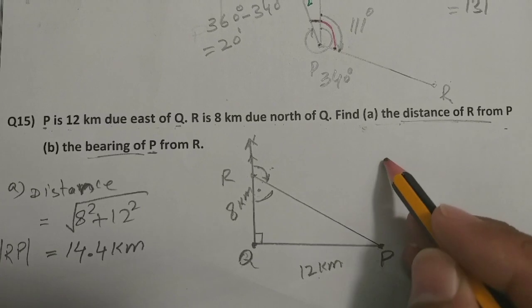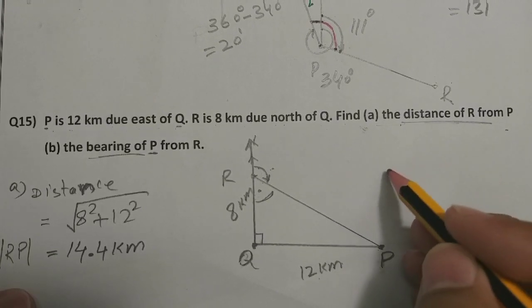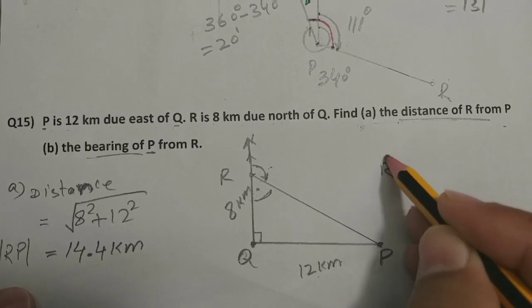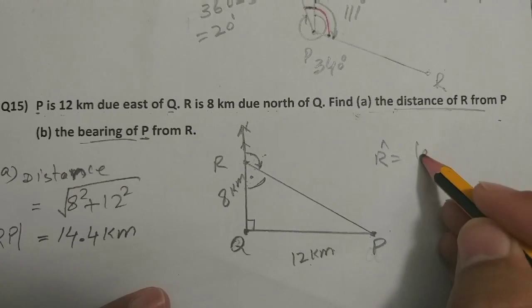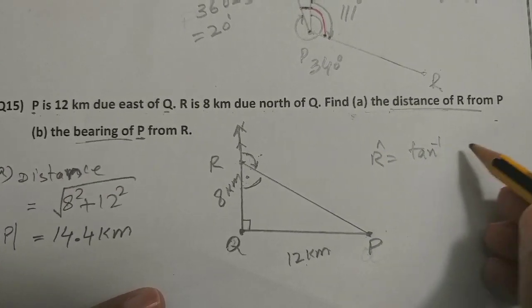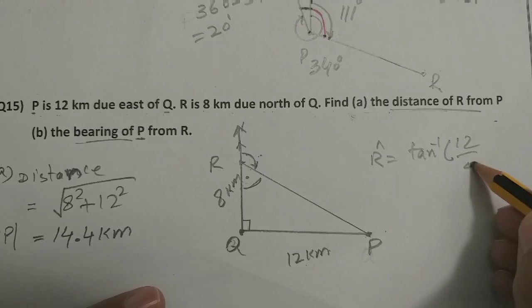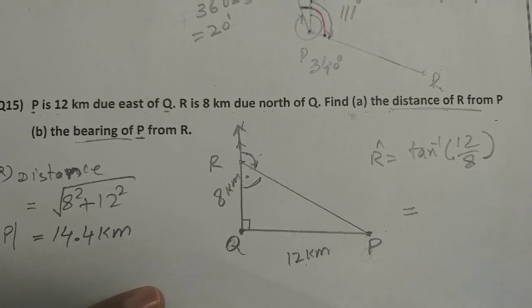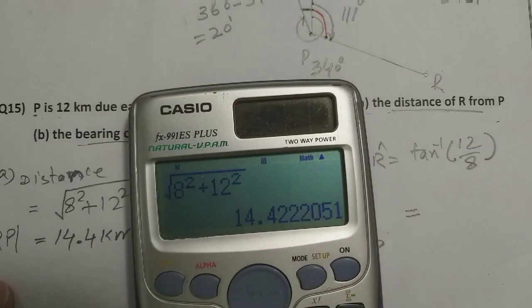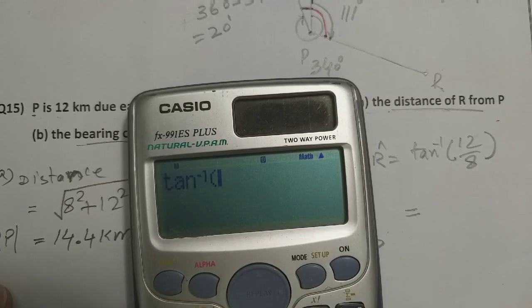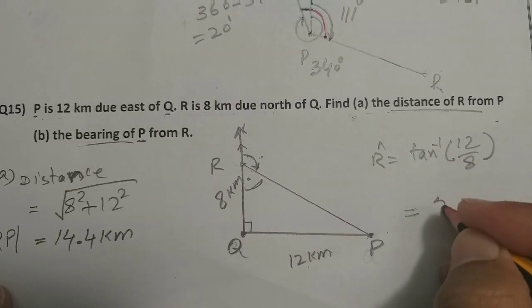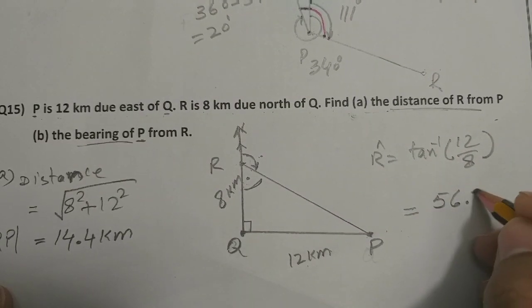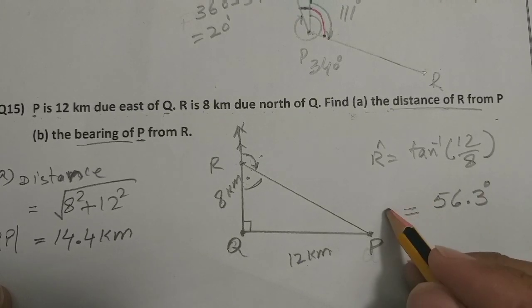So angle R equals tan inverse of 12 over 8, which gives 56.3 degrees.